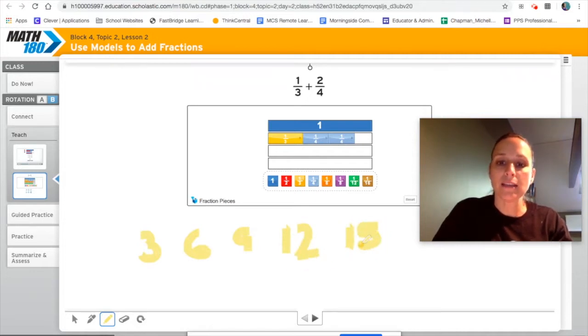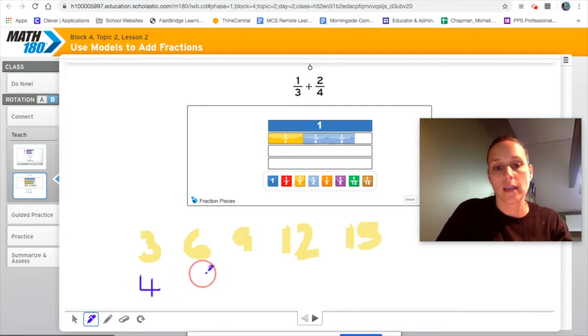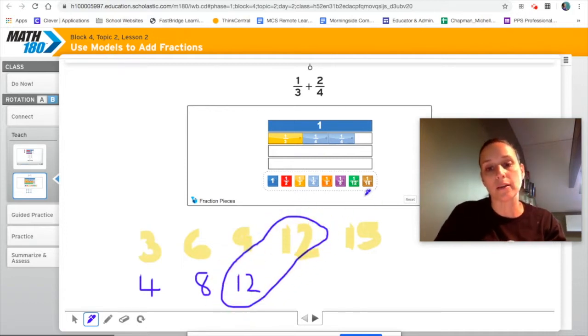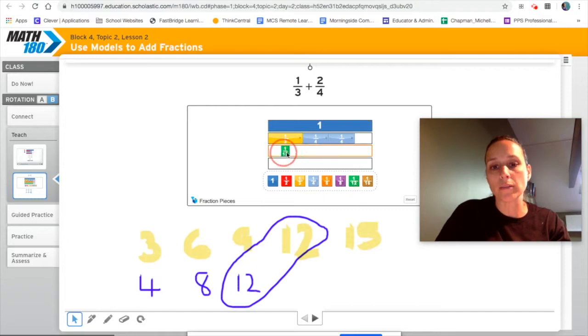If I then take my 4s and I count by 4s, I count 4, 8, 12. Whoop, I can stop right there because if I have 12 here and 12 here, this is in fact my common denominator.